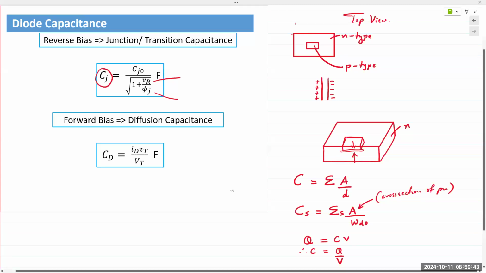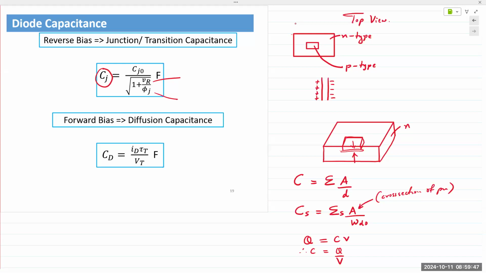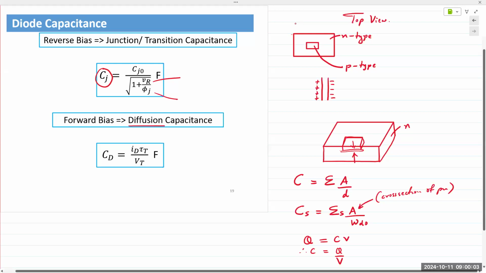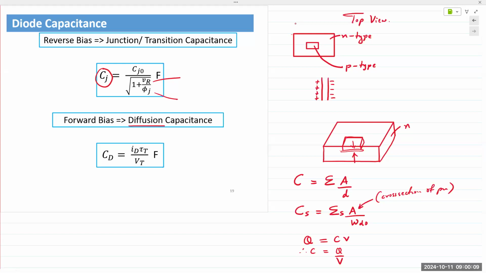It is known as the junction capacitance. It is also referred to as transition capacitance. So if you look at a different book or a different author, you might see the word transition capacitance. They are both referring to the capacitance that is present in the reverse bias. Okay. The forward bias capacitance is known as diffusion capacitance. In reality, diffusion capacitance and the junction capacitance are present in both reverse bias and in the forward bias.